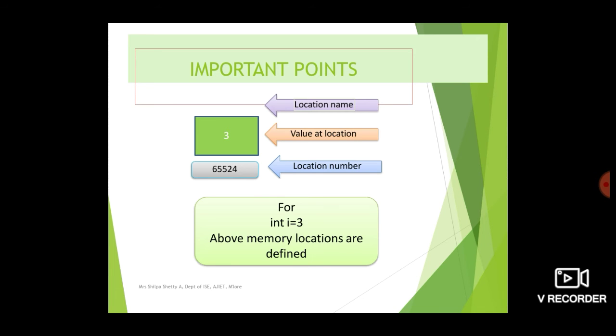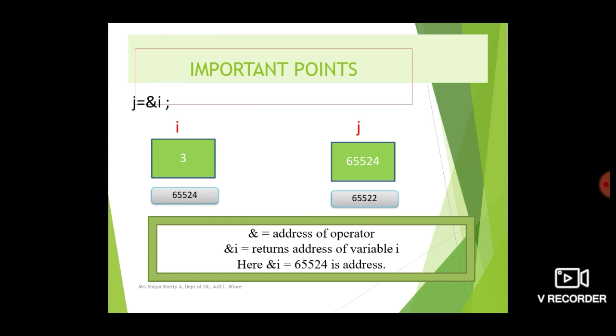Let's consider that we have a declaration int i is equal to 3. So i is some memory location, say 65524. The name of the location is i here, and the value of that location is 3. Next, if I take one more variable, say int j, and write j is equal to address of i, then you see that the address of i is 65524.